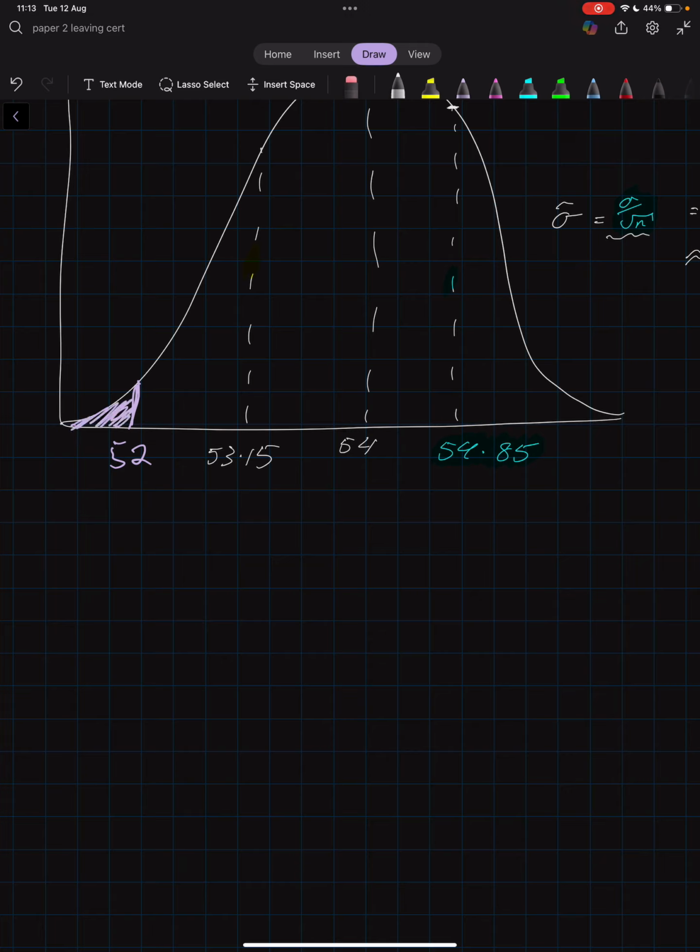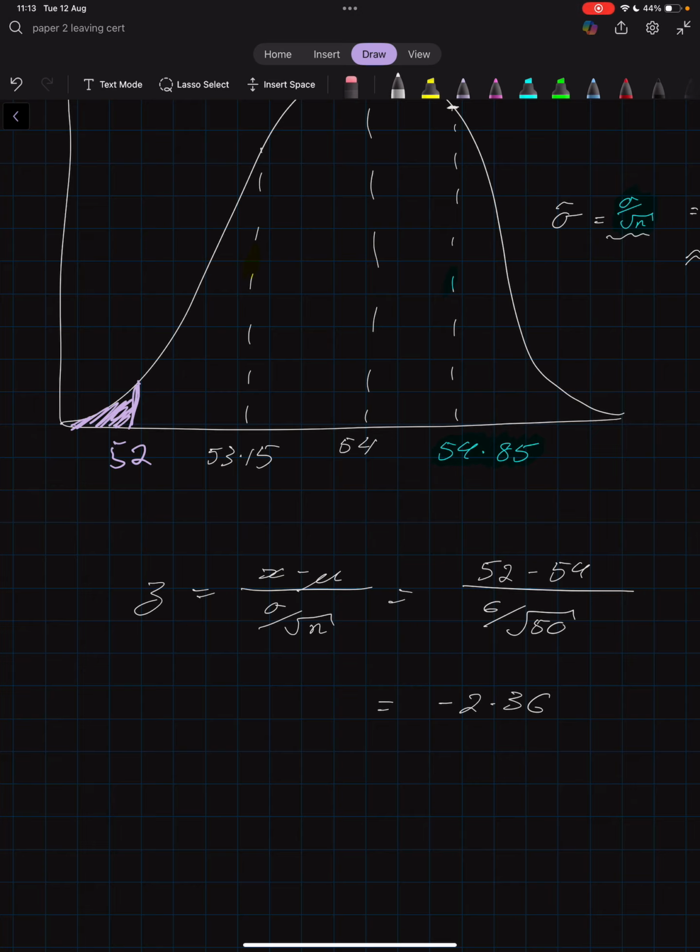So again, I want to get a z-score. So z is equal to x minus mu over sigma over root n. Remember, x is what you're testing. So I want to see what's the chance of me getting 52 over 6 over root 50. This is roughly equal to minus 2.36.